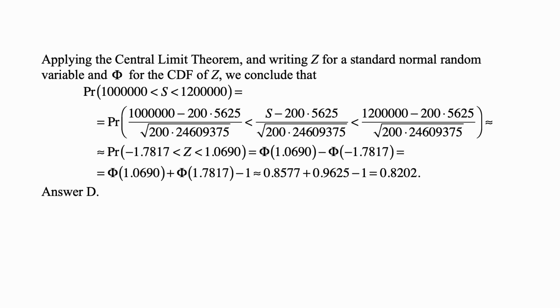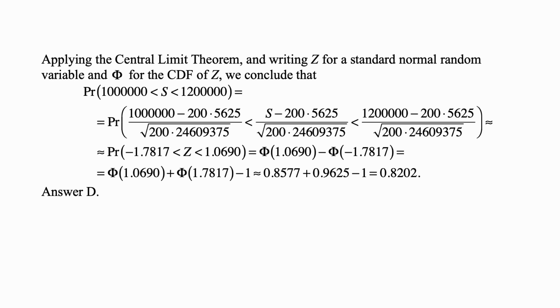That's equal to the difference of values of the cumulative distribution function of a standard normal, phi at 1.0690 minus phi at negative 1.7817. But phi of negative 1.7817 is 1 minus phi of 1.7817, and we're subtracting that, so this becomes phi of 1.0690 plus phi of 1.7817 minus 1.